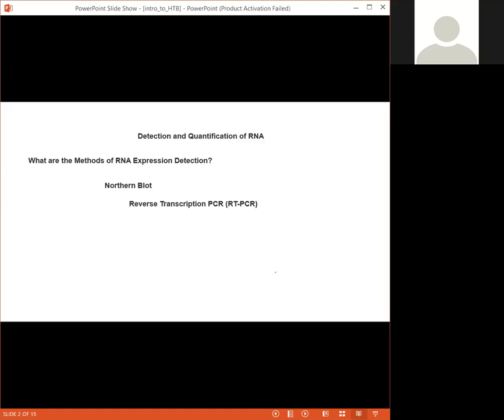Okay. So what is reverse transcriptase? Reverse transcriptase is an enzyme which can transcribe mRNA to DNA. Right. And why do we need this step? Sir, because in polymerase chain reaction, DNA can be amplified.